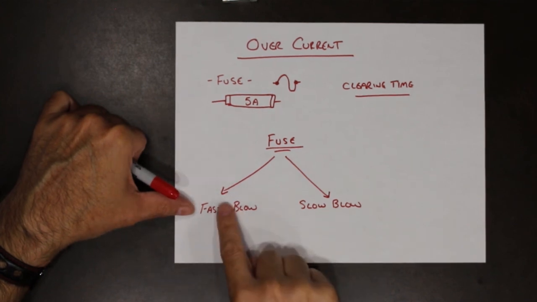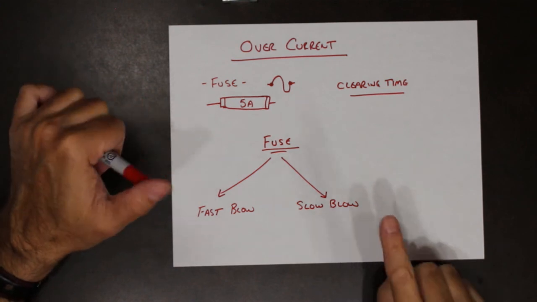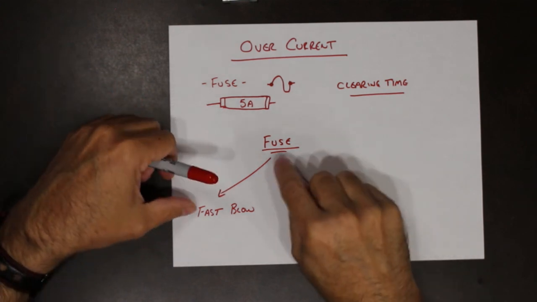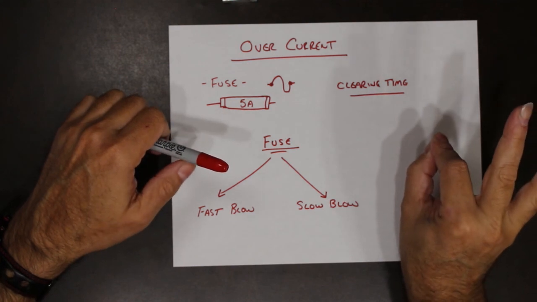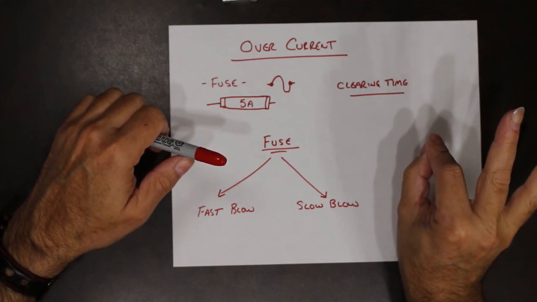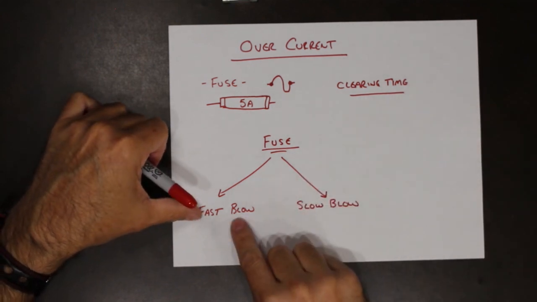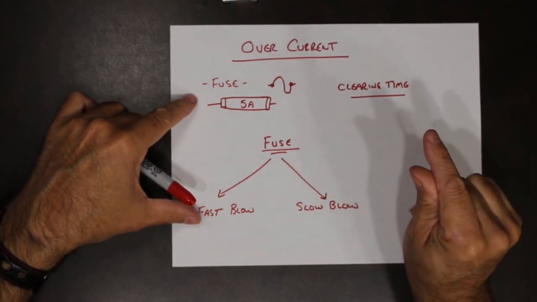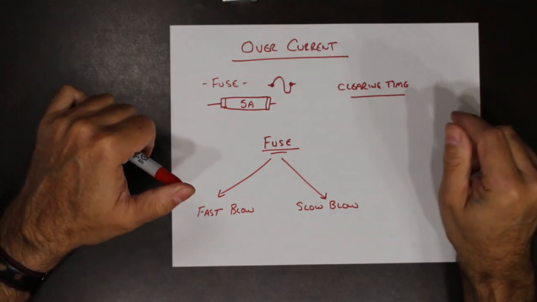The reason we have two different devices is so that if we need immediate protection from an excess amount of current, we could put a fast blowing fuse there that'll blow almost instantly, therefore saving the device.